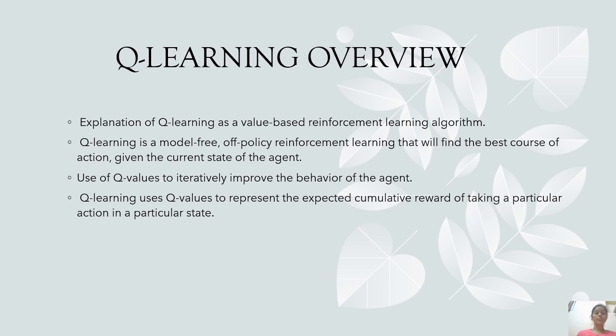Use of Q values to iteratively improve the behavior of the agent. Q-learning uses Q values to represent the expected cumulative reward of taking a particular action in a particular state. This is about the Q-learning overview.